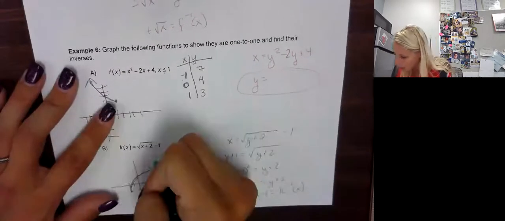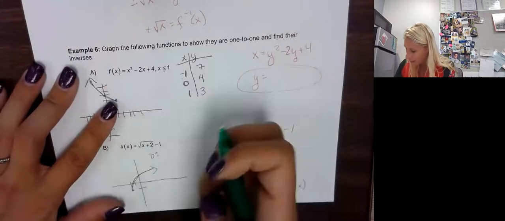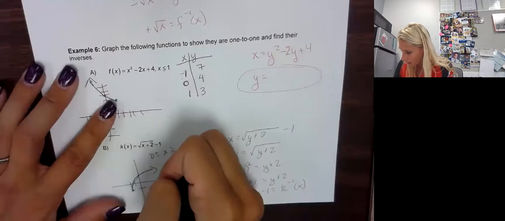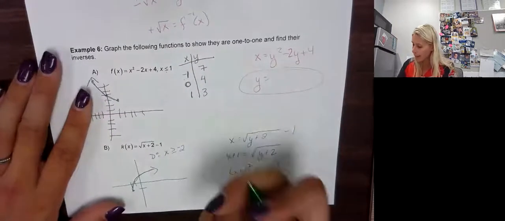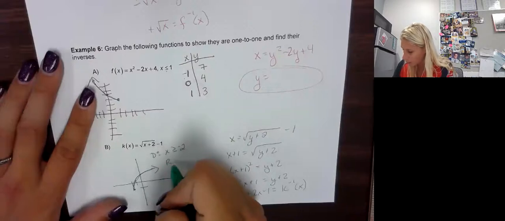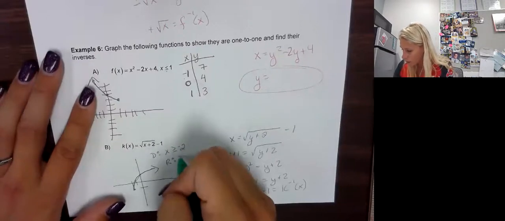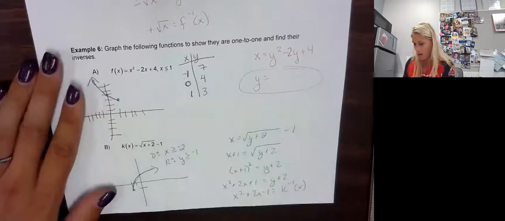Well, the domain for this one says that x has to be greater than or equal to -2. If I plug in that -2 to find the range, y is greater than or equal to -1.